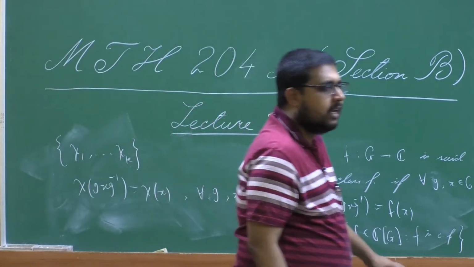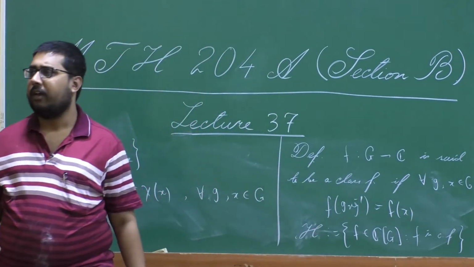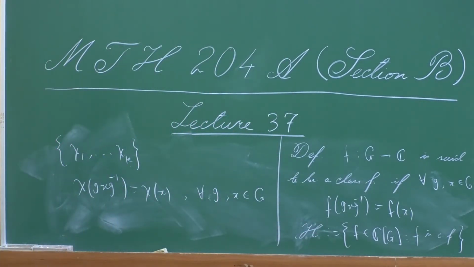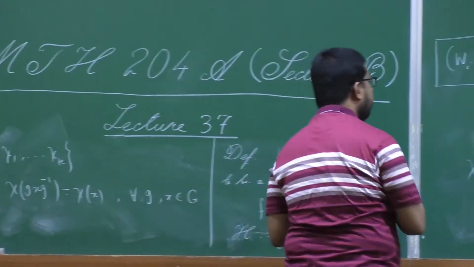So we will stick to this notation only. If time permits later, we will show that it is equal to the center of the group ring, just for completion. Until then, let us stick to H only.